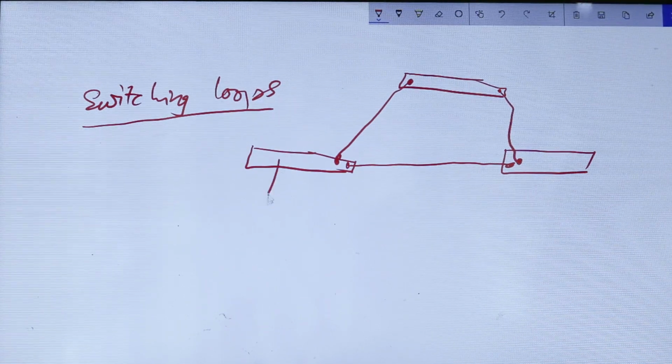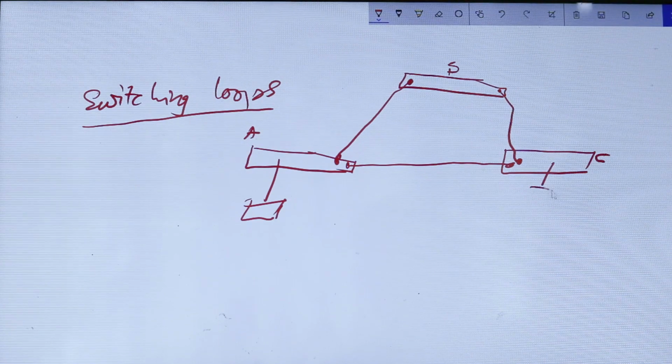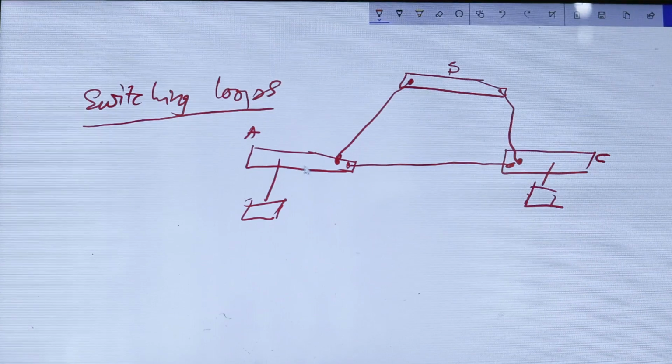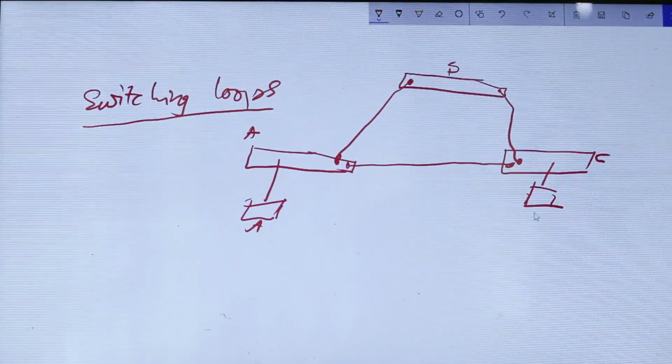All right, so I have my PCs connected to these switches. Let's call these switch A, switch B, and switch C. And a PC connected here. This is PC A and PC B.